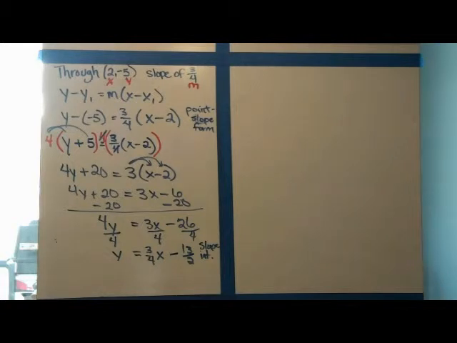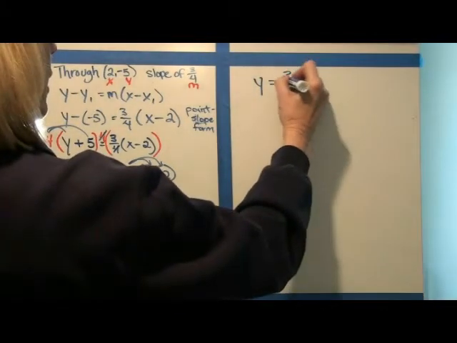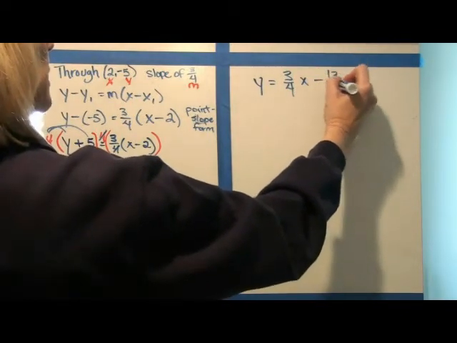The last form, which you haven't seen yet, is called standard form. Standard form is just what you get when you move the x over onto the left with the y, and it has no fractions and no negative x's. So what would happen if you had this problem is you have y equals 3/4 x minus 13/2.